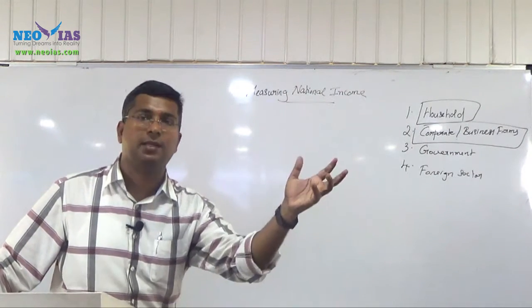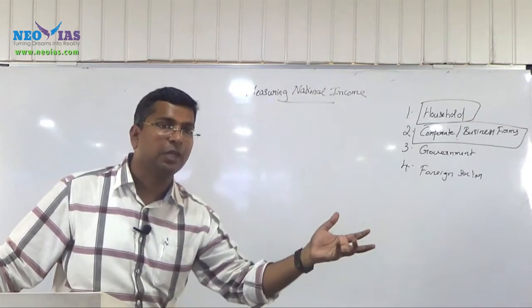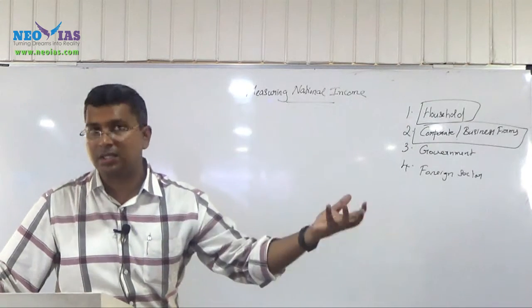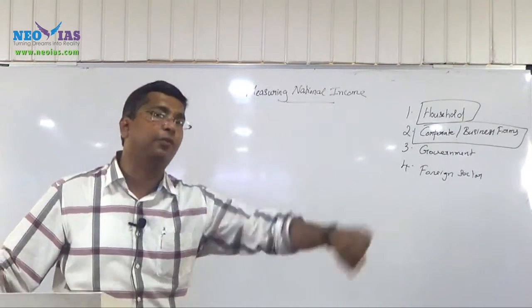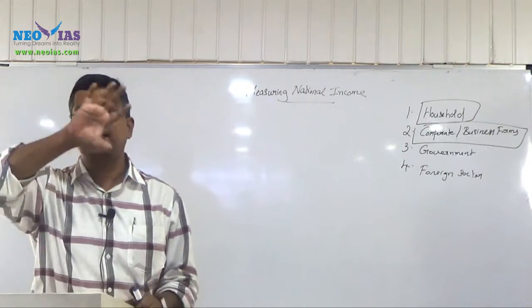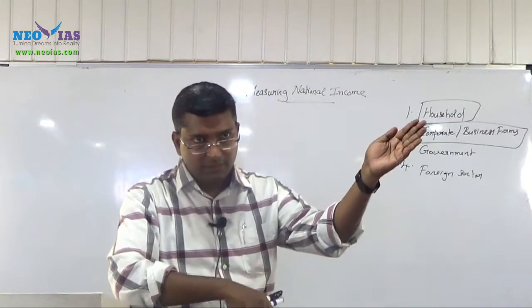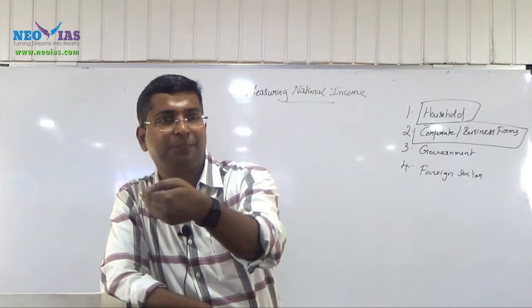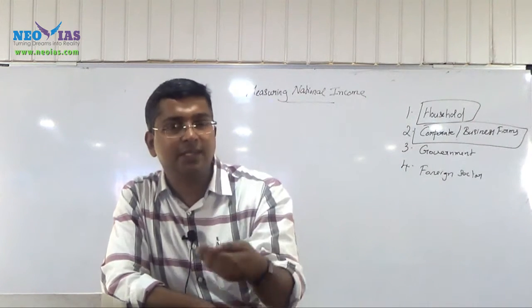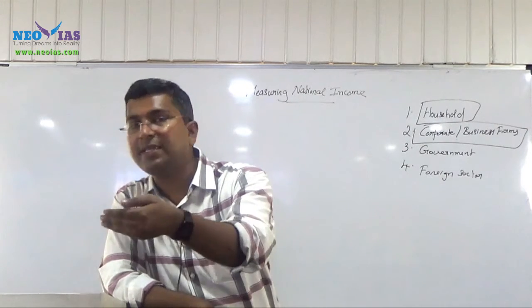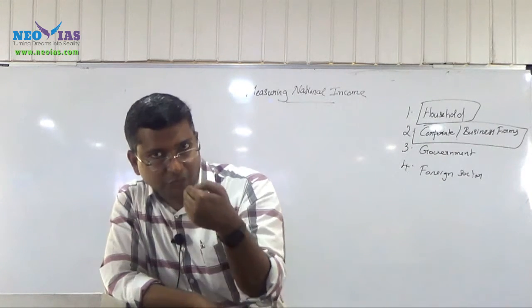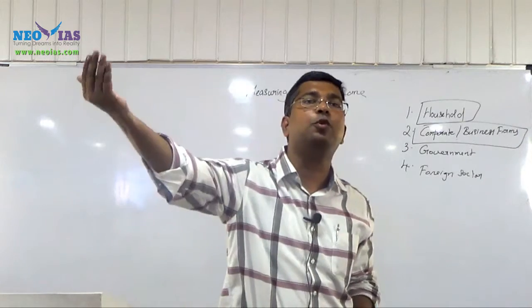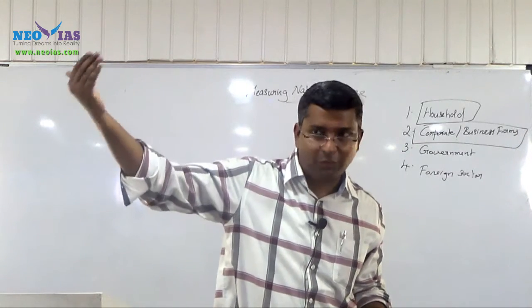For land, they will give rent. For capital, they will give interest, and for entrepreneur, they will give profit. These are the income for household. Rent, wages, interest, or profit are income for the household, but expenditure for whom? Expenditure for the business firm.